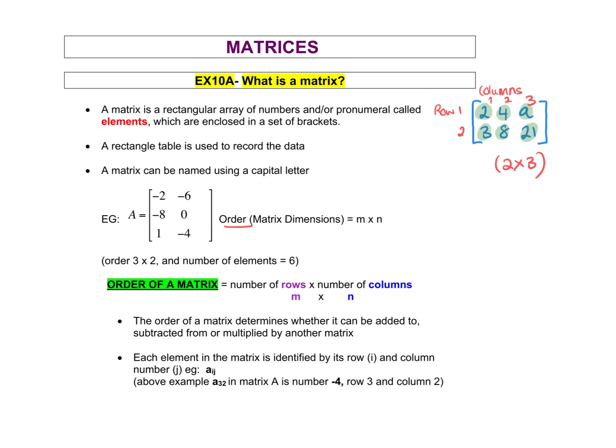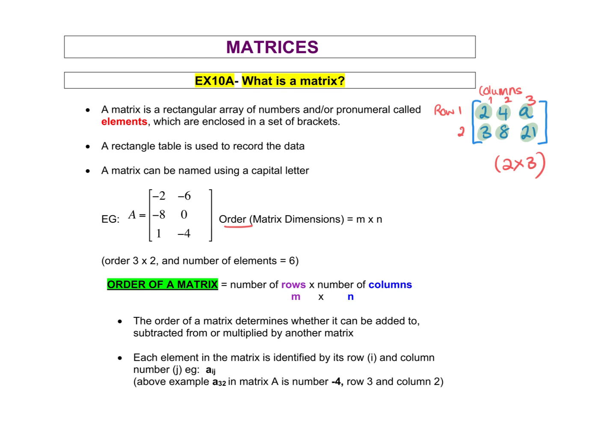Now, the order is important because it tells us whether we can do certain operations. You can only add and subtract matrices if they have the same order, and we'll learn later on that when we multiply a matrix by another matrix, there have to be certain conditions on the order.